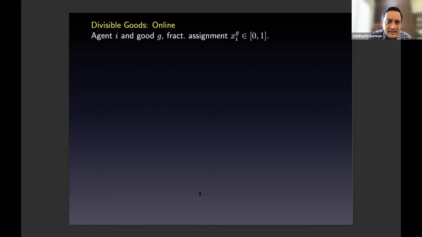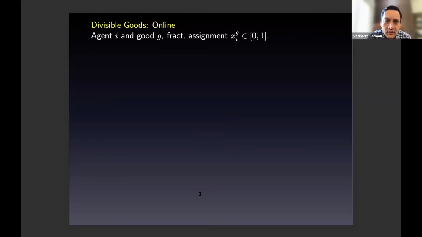I will have agents 1 through n as before. For each agent i and each good g, the decision that needs to be made is to figure out a fractional assignment. Unlike the cake, where there was just one cake and I was giving subintervals, now I have many goods, say m goods. For each good g and each agent, I have to decide what fraction of this good g goes to agent i.